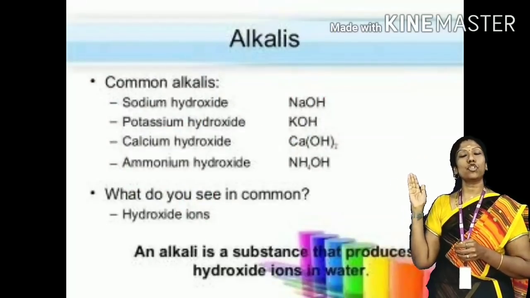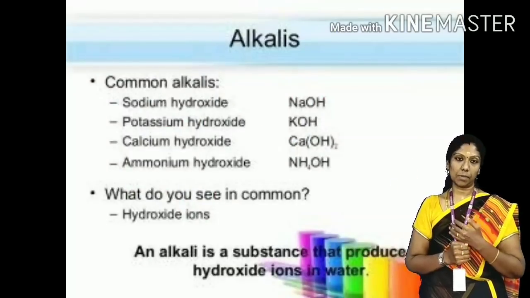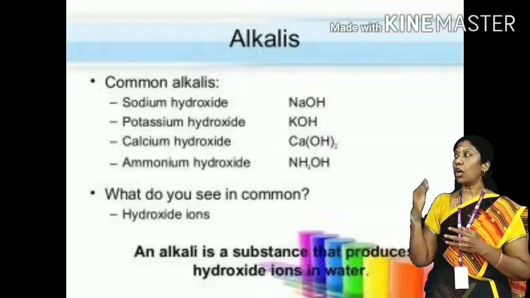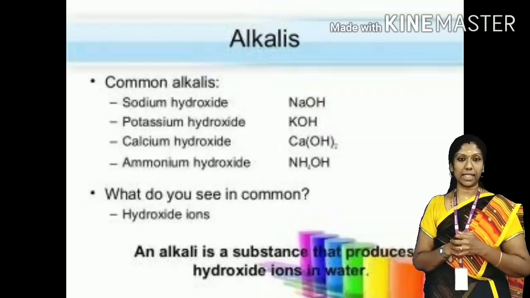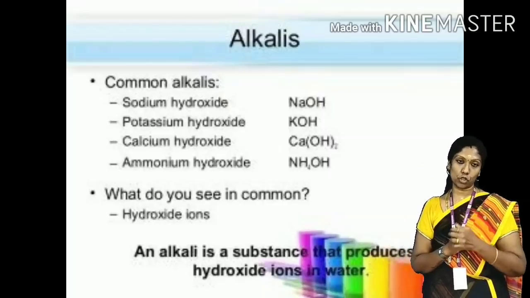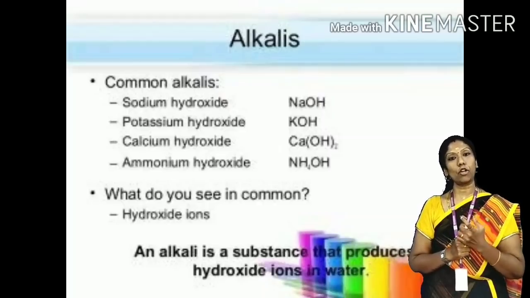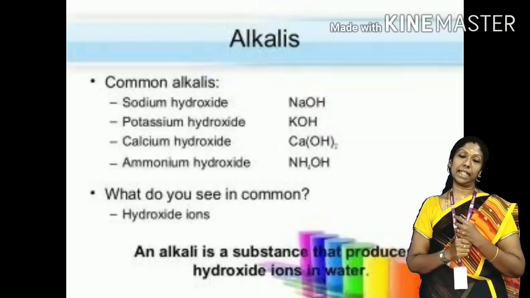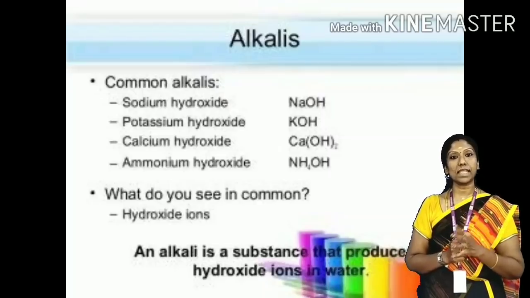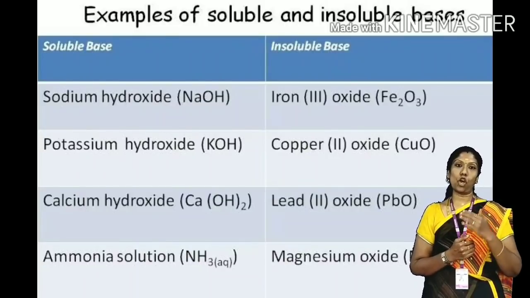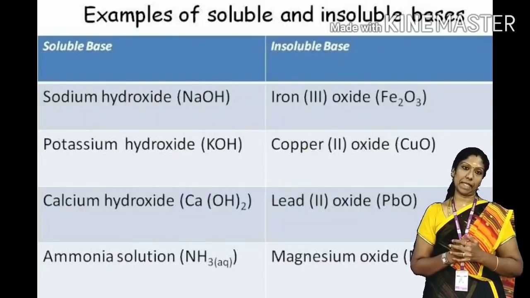These are the most common alkalis which we come across, and of all the 4 alkalis listed here, what is common? Yes, the common thing in all the 4 alkalis is the OH group, which is the hydroxyl ion formation, and this is how the alkalis conduct electricity when they get dissociated in water. Here are a few examples of soluble bases and insoluble bases.